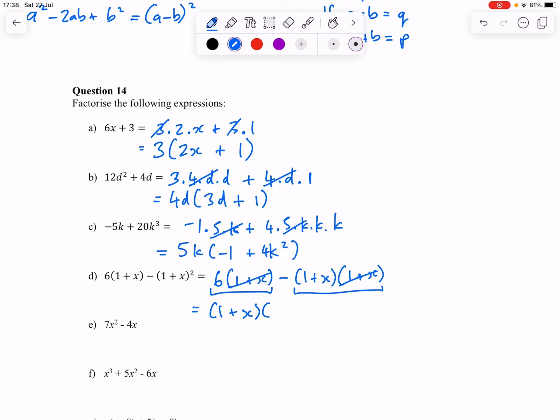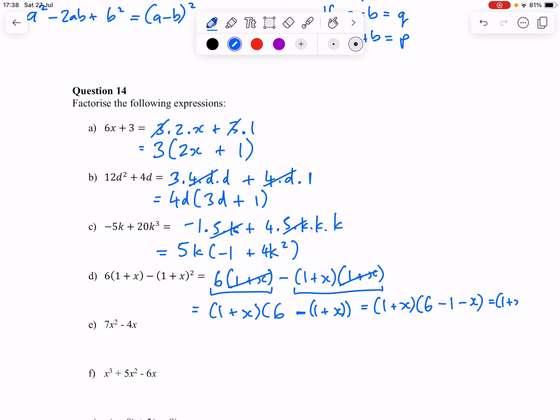And in the set of brackets, it's what's left over, so you've got 6 on the left, take 1 plus x, but you have to be careful. If there's a negative in front of a set of brackets, you need to keep that until you've expanded the negative to everything within the brackets. So you've got the 6 and you've got negative outside the set of brackets, negative 1, and the negative and the positive x are negative x.